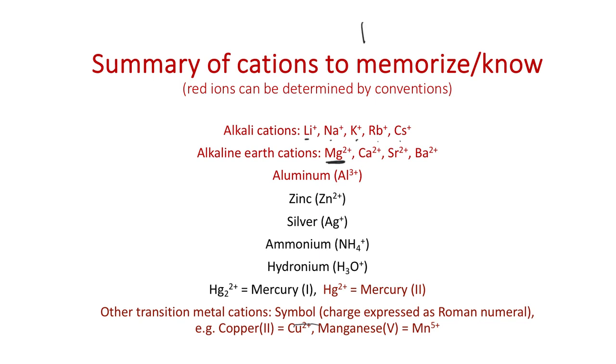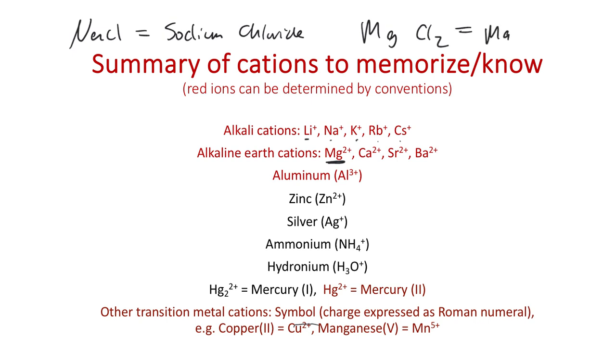So when we start naming compounds, let's name two already. NaCl, we know that's sodium chloride. But MgCl2 is not magnesium dichloride. It's not magnesium 2 chloride. It's just magnesium chloride. We don't need any fancier nomenclature than magnesium followed by chloride.